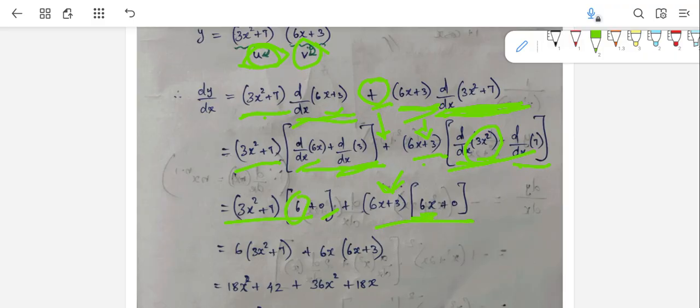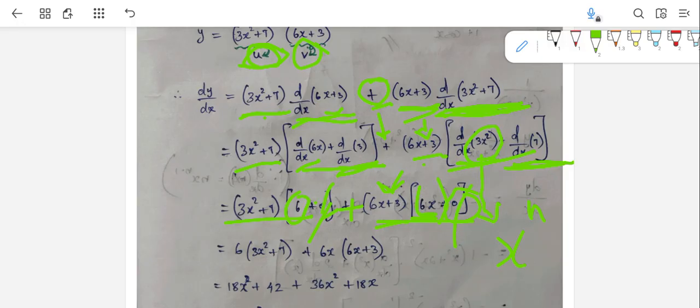Use that x power n formula, guys, for this 3x square. So you get 6x plus d by dx of 7 means it is 0. So here you got 3x square plus 7 into 6, because this is 0 you can leave it, plus 6x plus 3 again into 6x only, because this is 0 leave it.